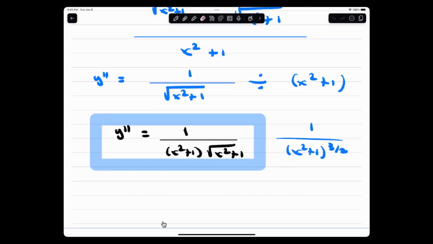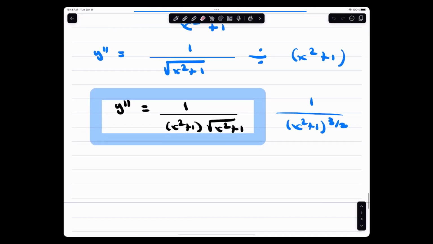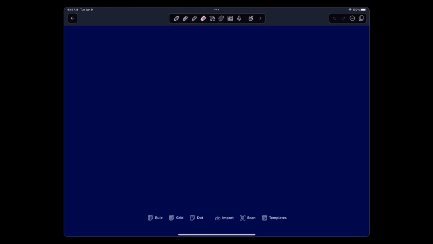And then let's see, what else do we have? Okay, I have this under higher order derivatives, but maybe we should change the title here. It's still higher order.